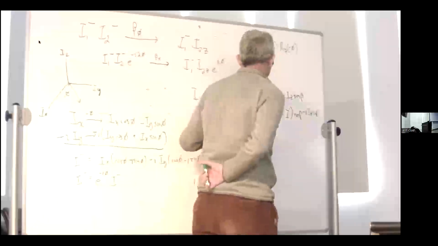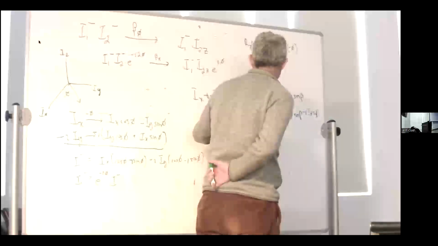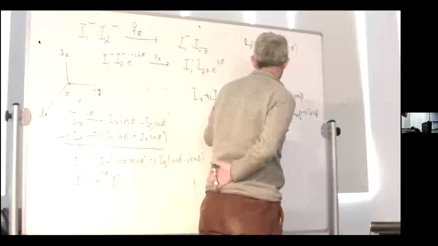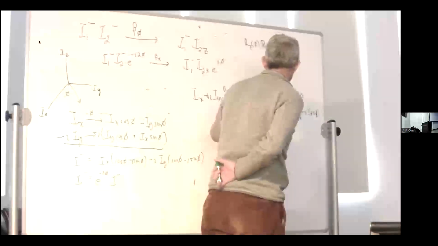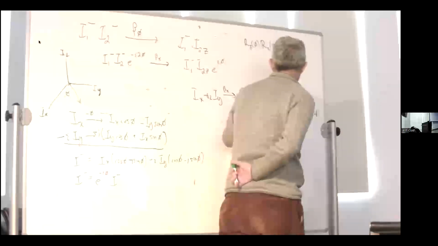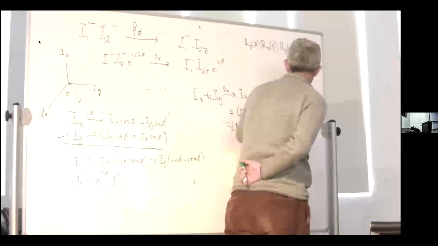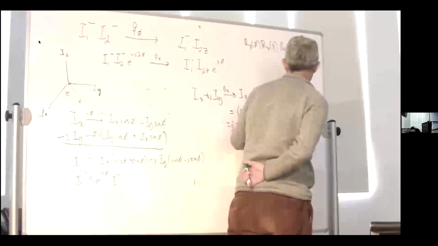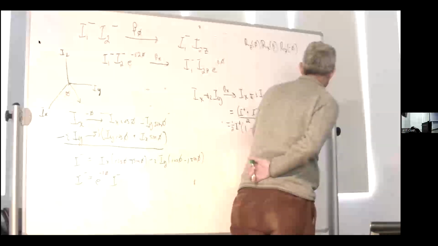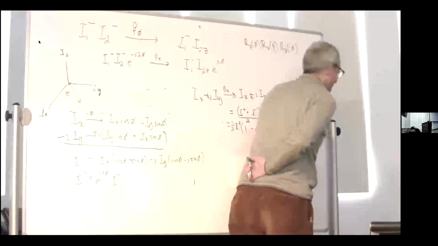So this is 1/2 of I plus, 1 minus cosine beta, and then plus a half I minus, 1 plus cosine beta, and then minus Iz sine beta.